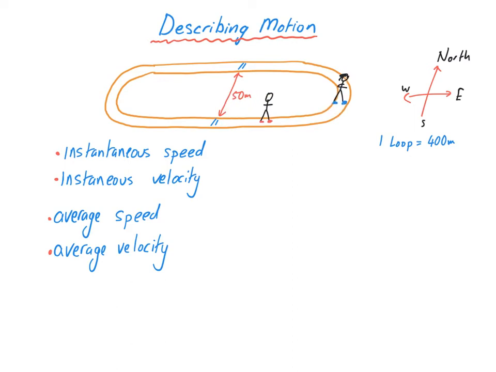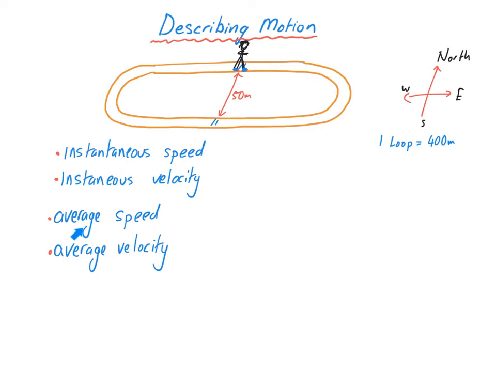In this scenario, we see the instantaneous speed of the athlete is changing, whereas the instantaneous speed of the coach is not. It's always the same. However, the instantaneous velocity of both of these athletes, coach and the athlete, changes as they go around a bend because their direction of travel changes.